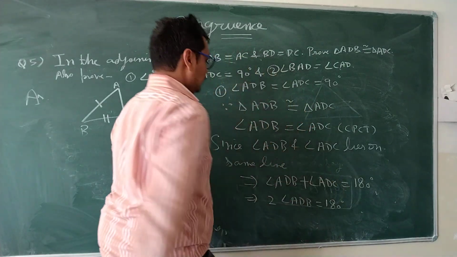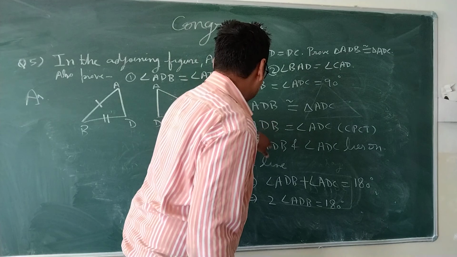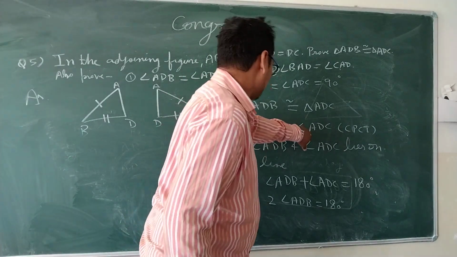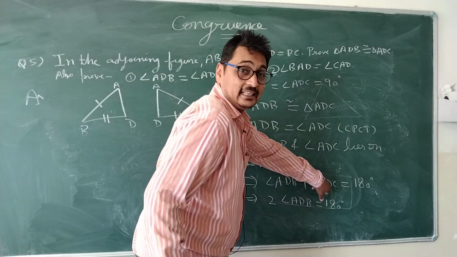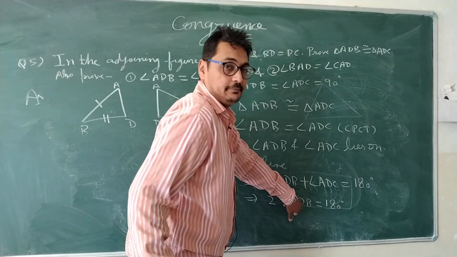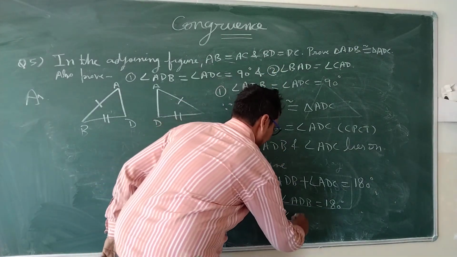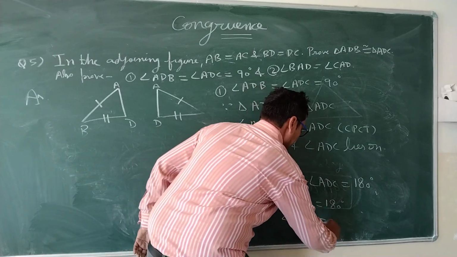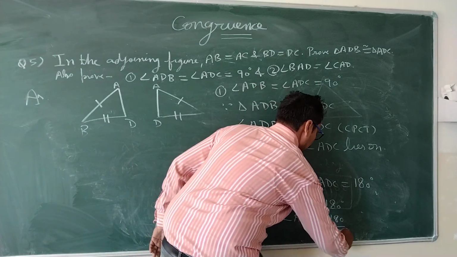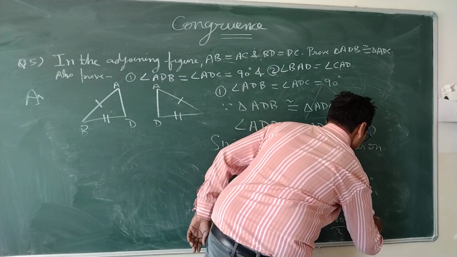How it comes? Here I have written, since ADB and ADC, they both are same, so instead of ADC, I have written ADB. Right? So what we got? We got angle ADB is equal to 180 upon 2, which is 90 degree.